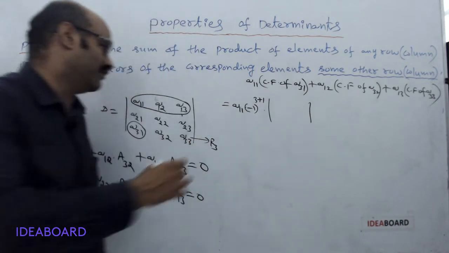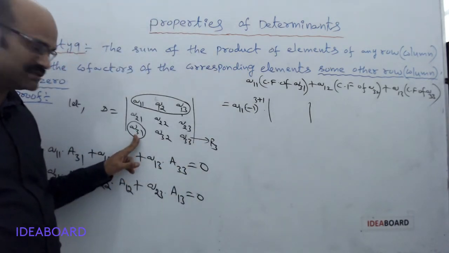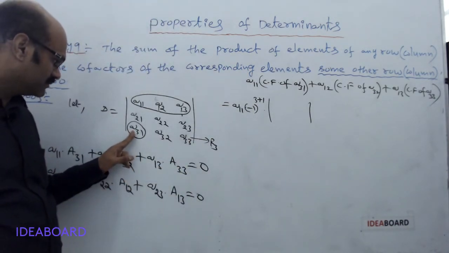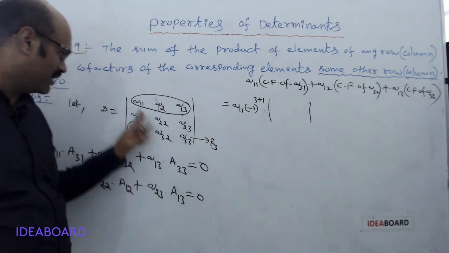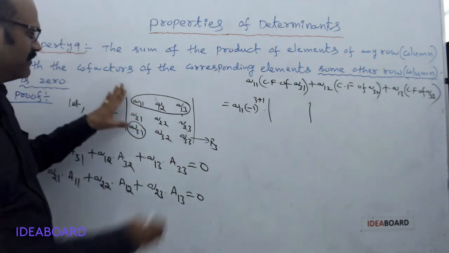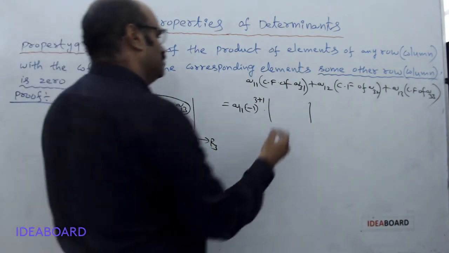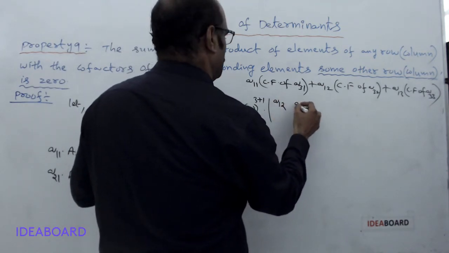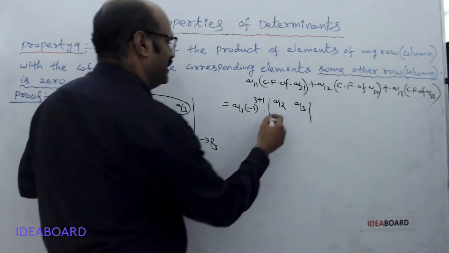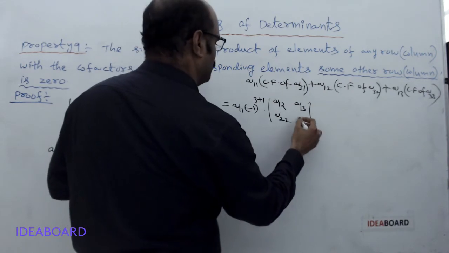Minor of A31 we have to find out. Minor of A31 means this element lies in third row and first column. So the remaining 4 elements are, we have A12, A13, A22, A23.